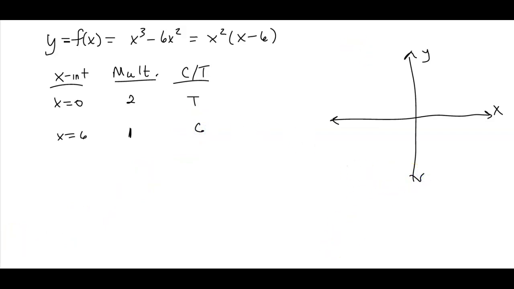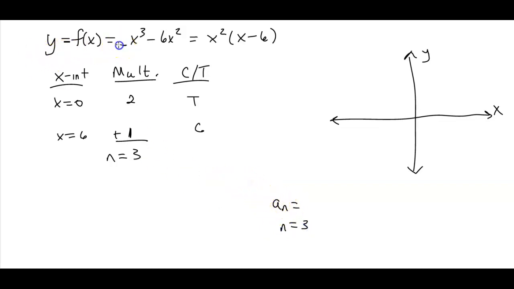All right, and so now that we have all that information, the next thing that we need to do is figure out what the degree of this polynomial will be. And of course, we already know that it's 3 here. But if we add up the multiplicities, we see that we still have that. And we also need to pay attention to what's called the leading term, the a sub n term.